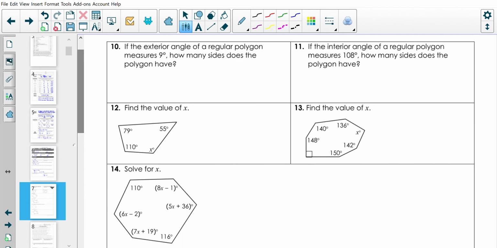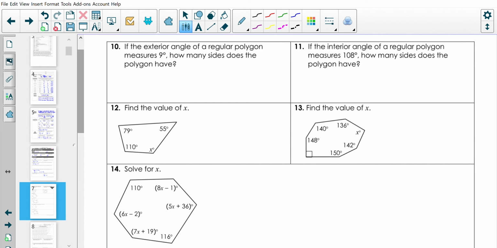All right, number 11. If the interior angle of a regular polygon measures 108, how many sides does the polygon have? I can use that interior angle to help me find my exterior angle, right? If my interior angle is 108, what is my exterior angle? Together they equal 180.